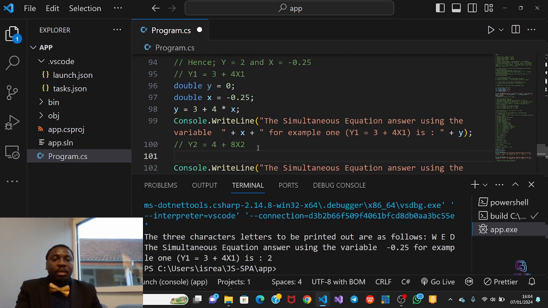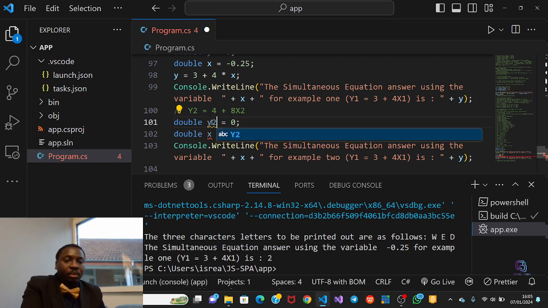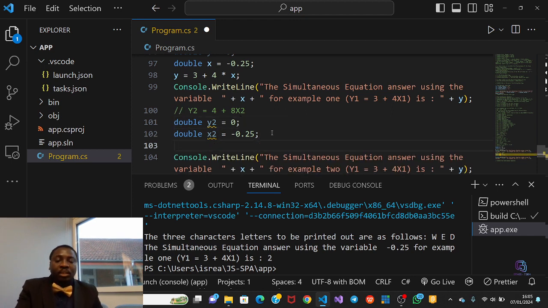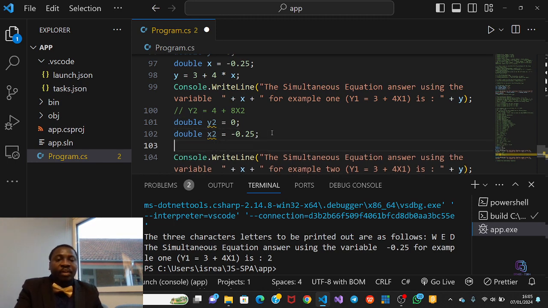With this, I picked up the same formula. Double y is equal to 0, so I can just give it any formula. I can say y2 is equal to 0. I can say x2 is equal to minus 0.25. With this, I want to calculate the value of y2.